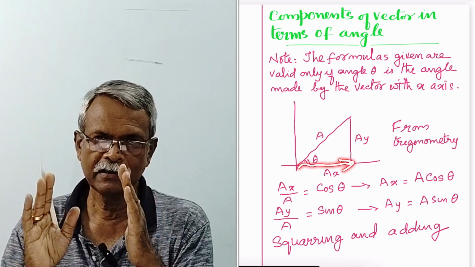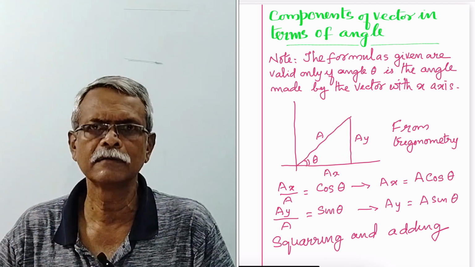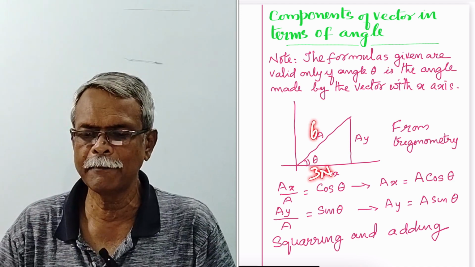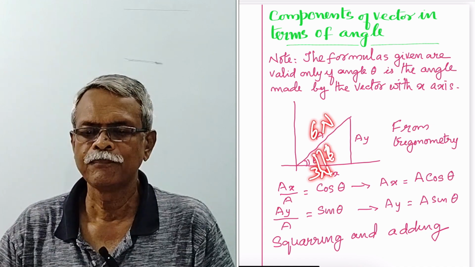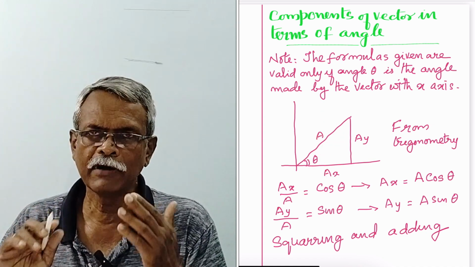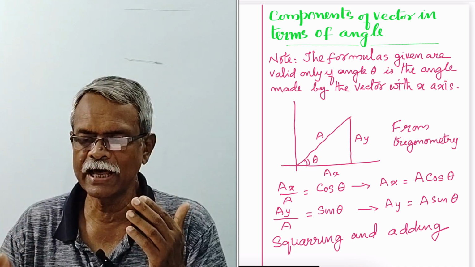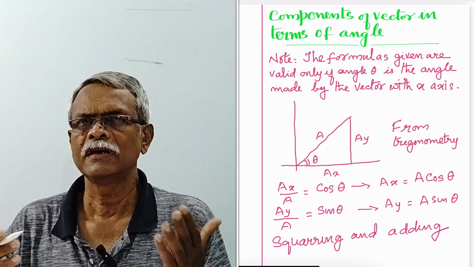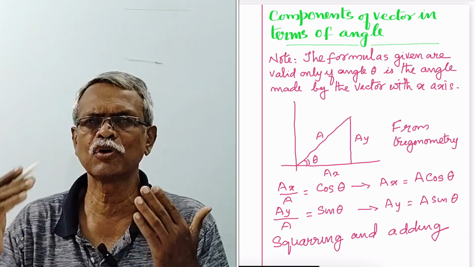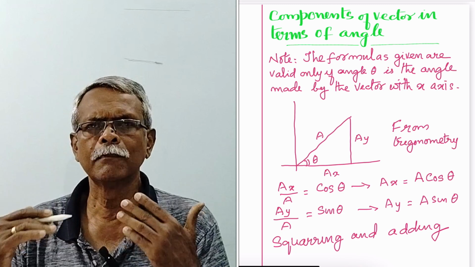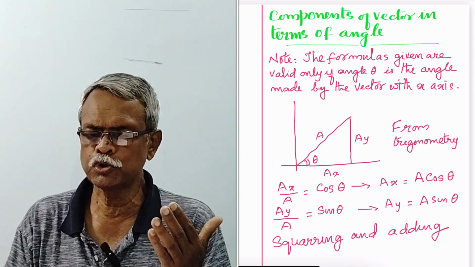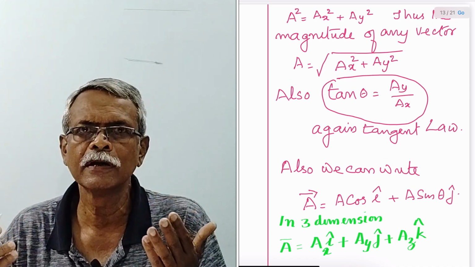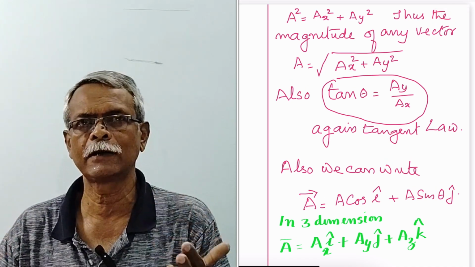Therefore, if the vector and the angles are given, we can calculate the components. And if you get something in the form of a cos theta, a sin theta, everywhere in physics and mathematics, the most natural thing you do is to square both and add them, because we know the wonderful relation cos square theta plus sin square theta is 1.